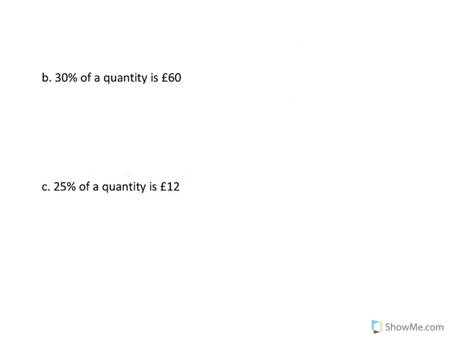So let's work out B and C. 30% of a quantity is 60 pounds. So 30% is 60 pounds. You can choose to work it out by counting, but eventually you'll hit 90% and can't go any further. Another way is to break it apart.